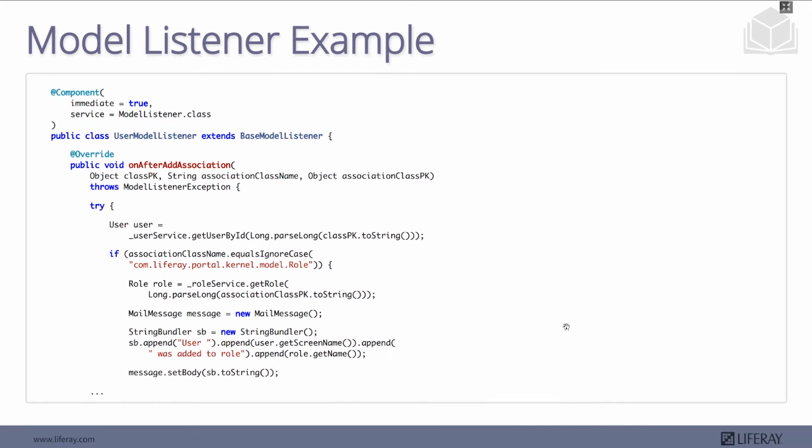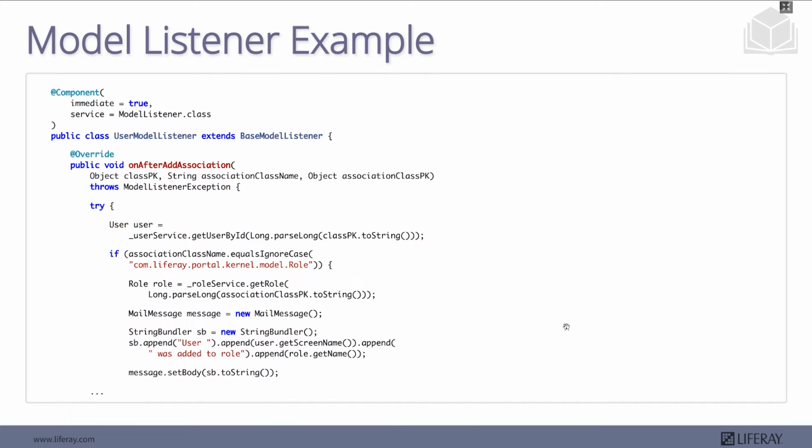In this example of a model listener, we are extending BaseModelListener, and the specific event that we're listening for is after a user is associated with something, or after something is being associated with something else. We're going to go down a little bit and see we're dealing with the user, and we're going to try to get the user based off of their user ID.